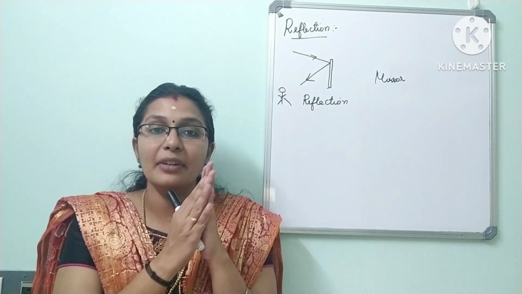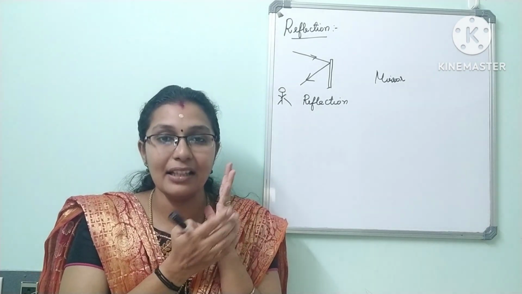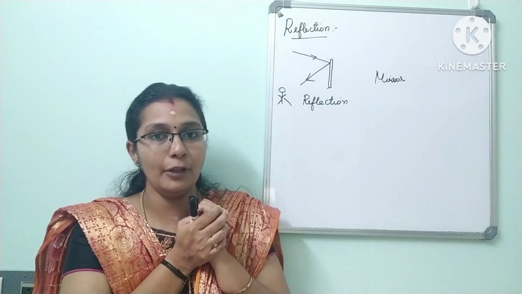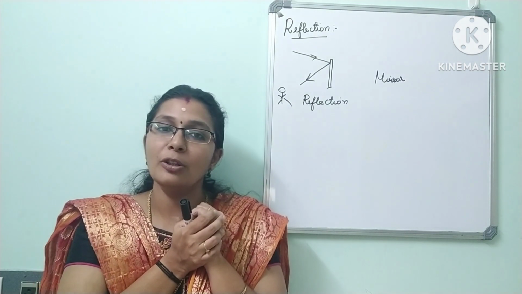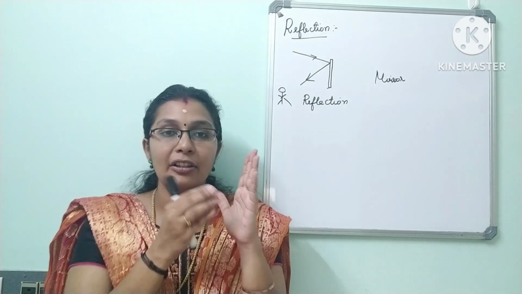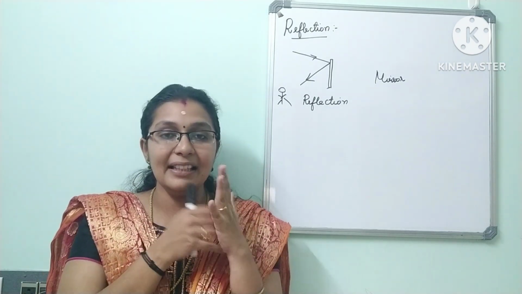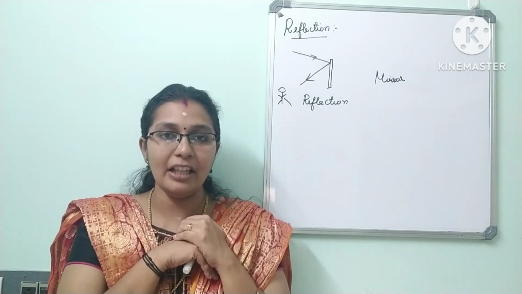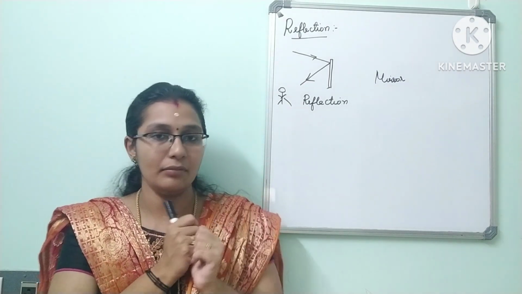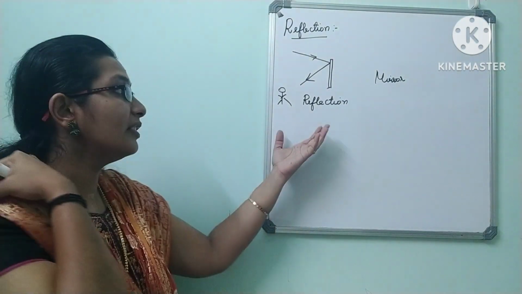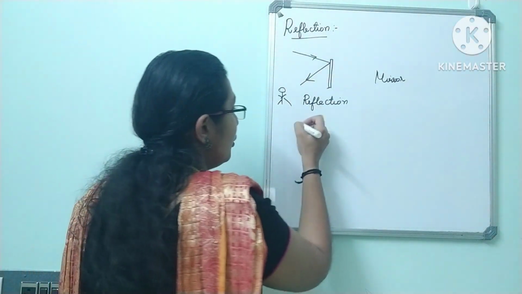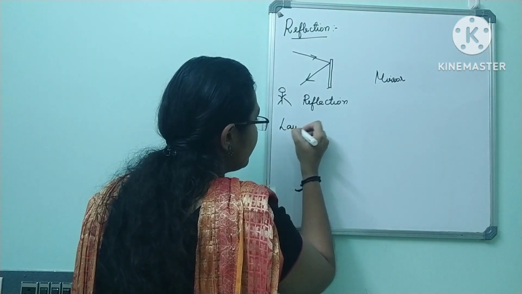That is why we commonly use a mirror as the reflecting surface, because it reflects most of the light falling on it. The commonly used polish is silver coating. So we usually polish it with silver in order to make it a mirror. Clear? So this is what reflection is. Now we will go on to the laws of reflection.